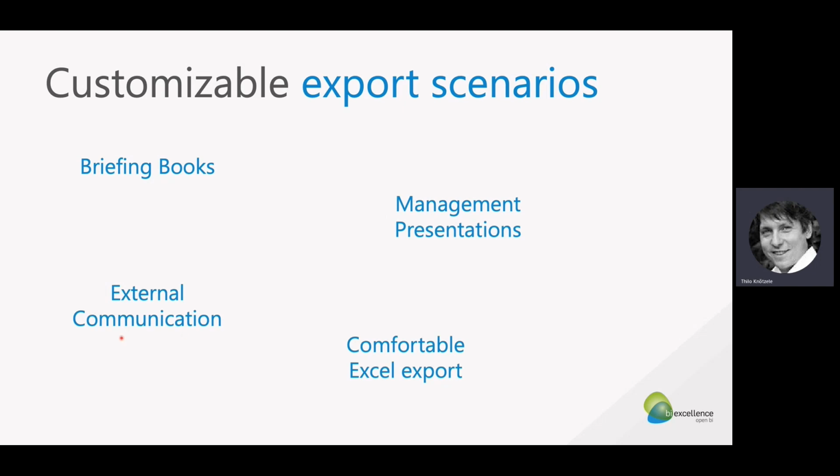Then we come to the point external communication, and I think the export of budget plans is actually one of these scenarios. So it means that any document that you share with externals, with the world, would normally be the PDF format.